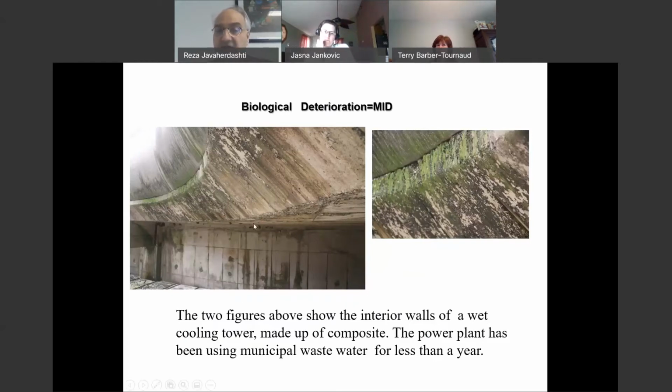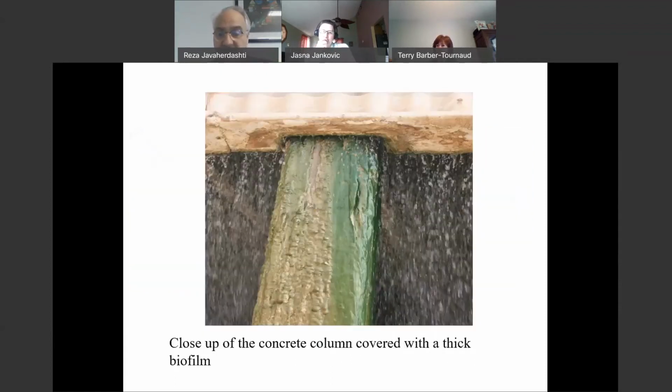As you can see here, the composite itself has been covered with a film of algae. And this power plant has been using wastewater for less than a year. Just to save water, they turned to using wastewater, and within less than a year, this is what happened to their composite structures. It is also a close-up of a concrete column covered with a thick biofilm.